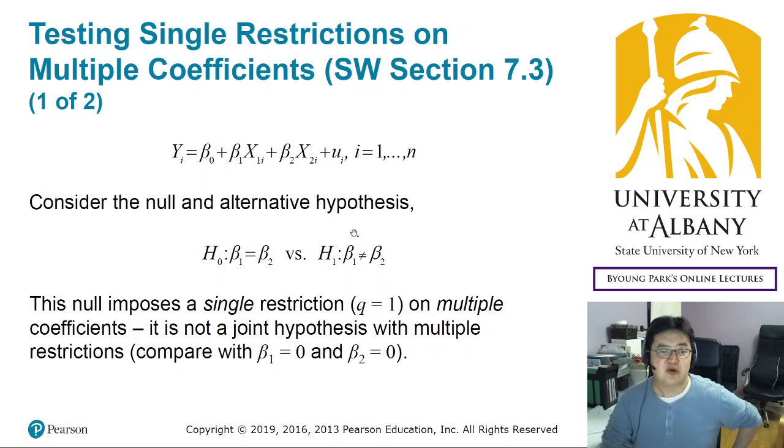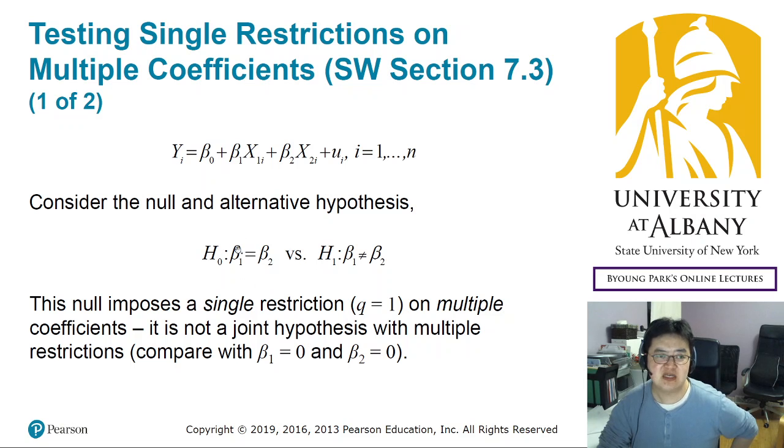Okay, the next topic we are going to consider is a similar but slightly different approach. This is a hypothesis we are interested in. It is different from what we have learned before because it involves two parameters, two coefficients.